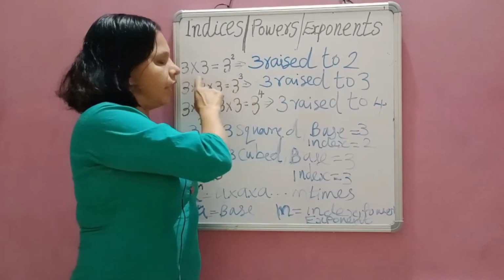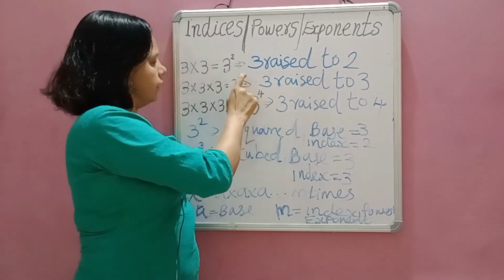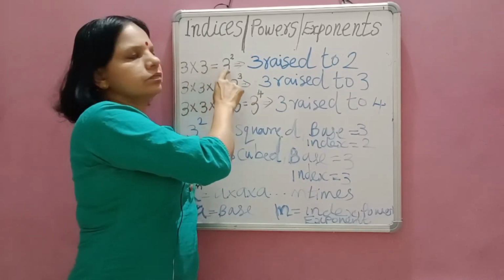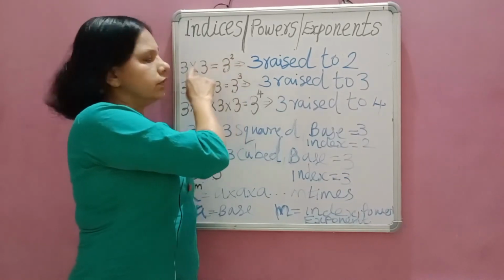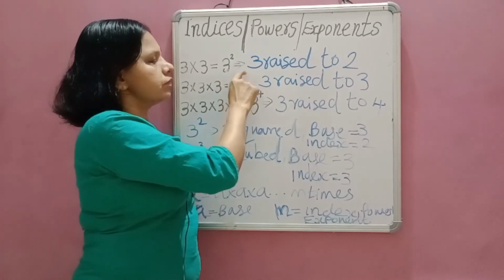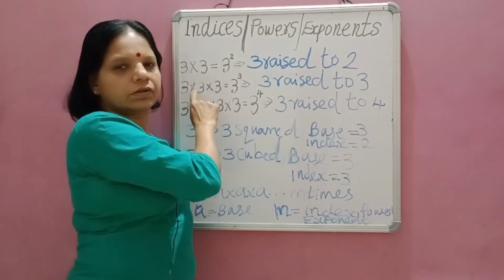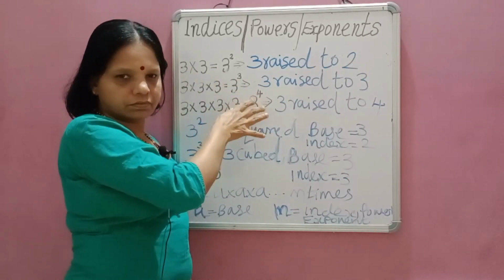And the value of the index is the product you obtain. What is the value of 3 raised to 2? 3 into 3, 9. What is the value of 3 raised to 3? 3 into 3 into 3, the answer 27. That is the value of the index.